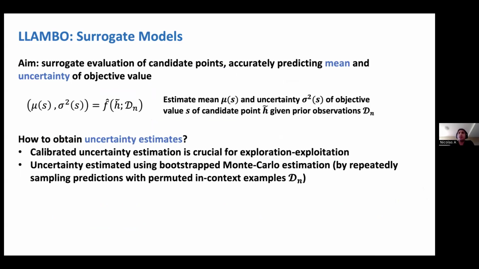We took a very empirical approach, which consists of estimating these statistics using bootstrap Monte Carlo estimation. We condition the LLM on all this contextual information on the past observations, and we sample many times. We also permute how the information is given to add more variability and get a better estimate of the uncertainty, because calibrated uncertainty is crucial for exploration and exploitation.